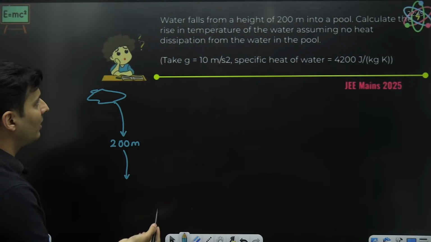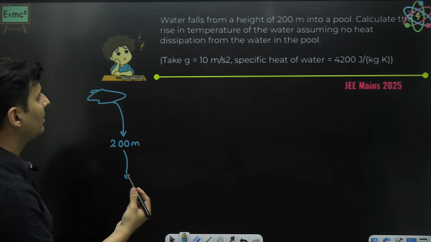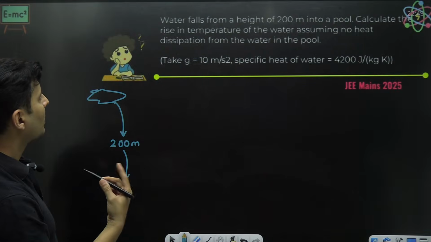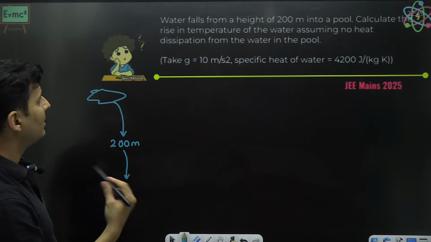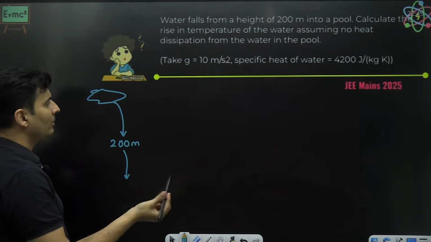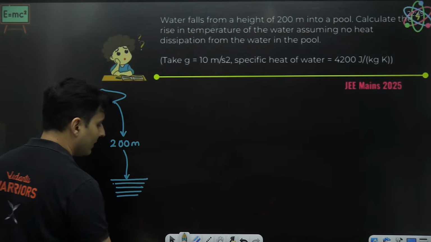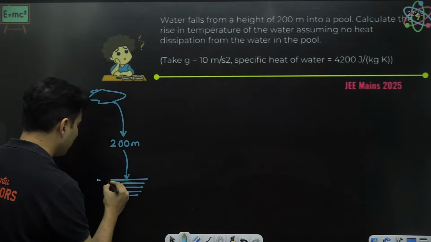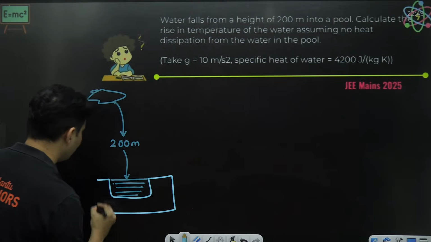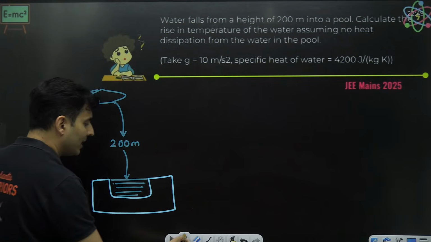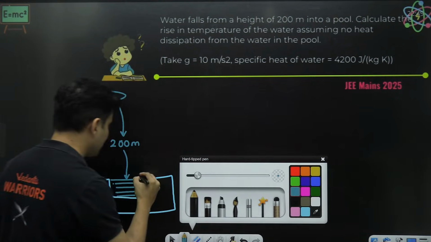And once the water falls into a pool, there is a rise in the temperature of the water, assuming no heat dissipation from the water into the pool. So this water, which has fallen into the remaining water which was there in the pool, I have to find how much the temperature has changed.